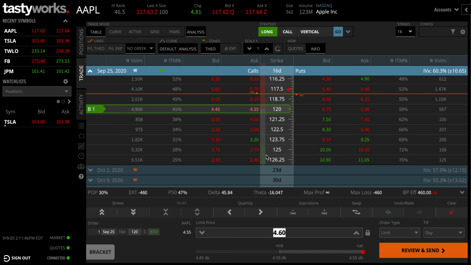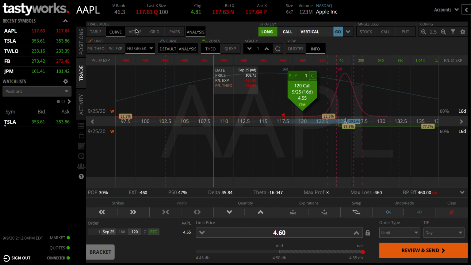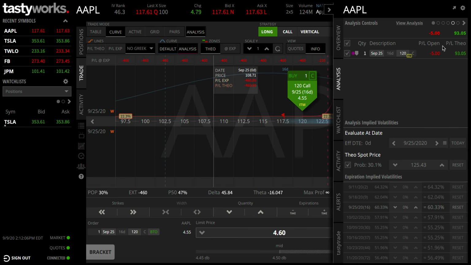If you are really bullish and you are day trading, you probably should not even do spreads, because you want to get in and get out. With spreads, your money growth is really slow. For example, if you go to analysis and curve right here, each dollar up gives you 89.